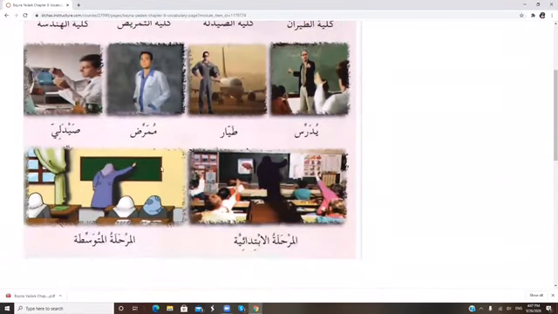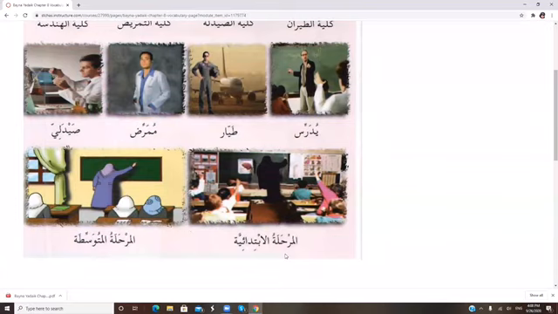Yudarisu. Tayyar. Mumarid. Saydali. Al-Marhala al-Ibtidaiya.